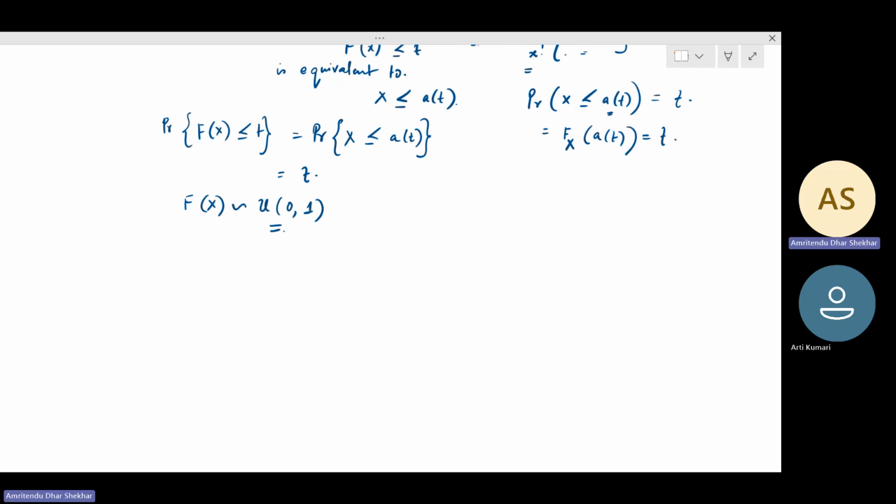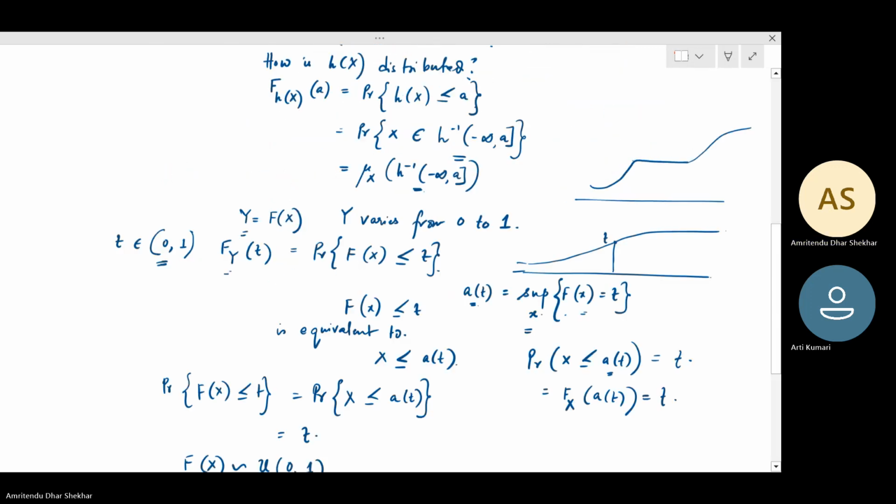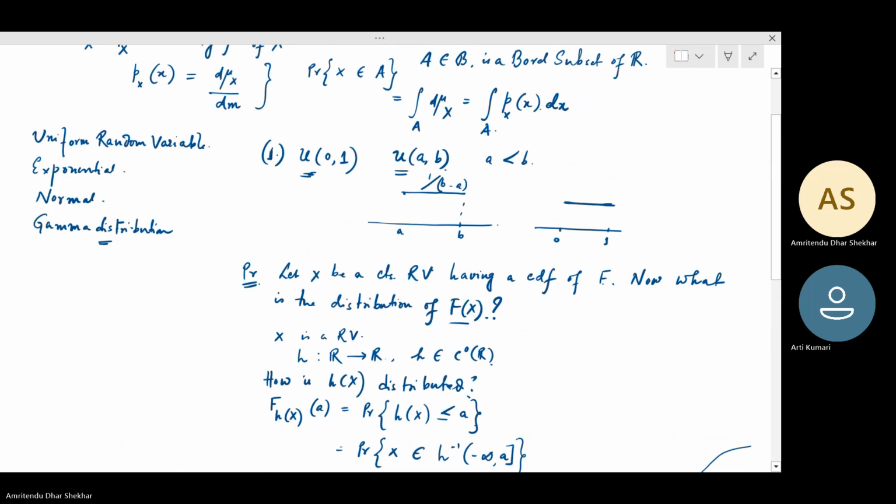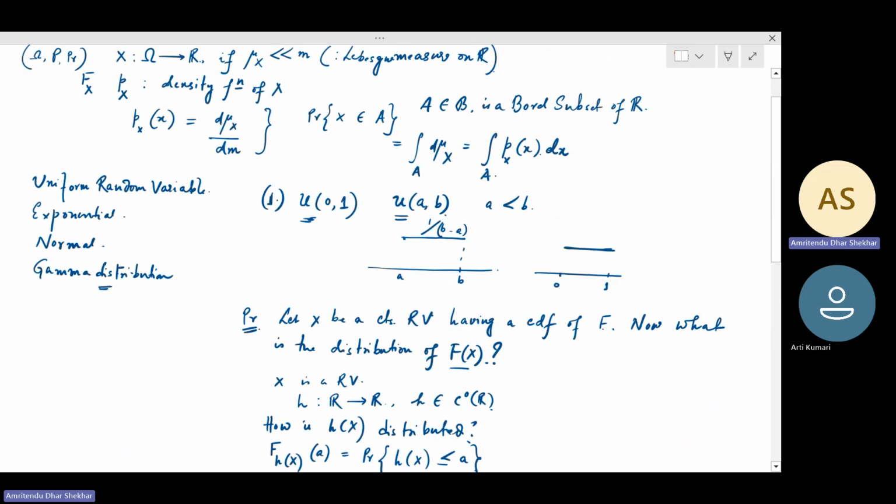So you know X, and if you know F of X, then F of X is going to be the uniform random variable. So this is one way in which the uniform random variable can be generated in practice. Okay, hopefully this is clear.